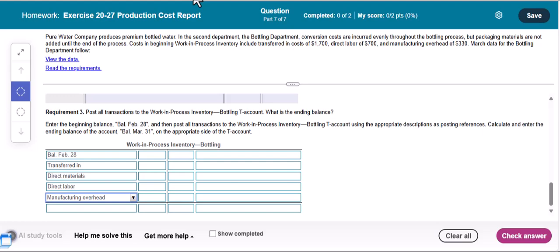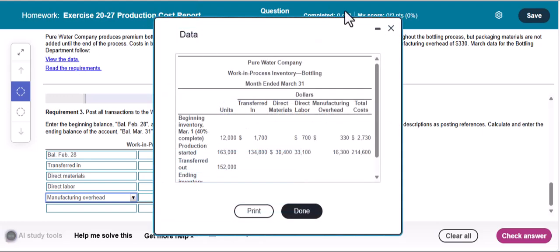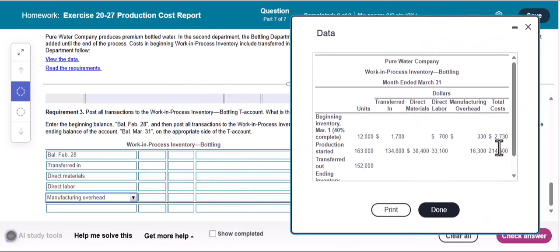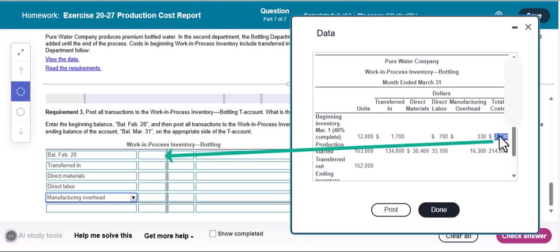So how do we find those amounts? So our beginning balance, let's take a look at our data here, is this 2,730. So you can go and copy and paste that in. So beginning inventory is what we're talking about here.